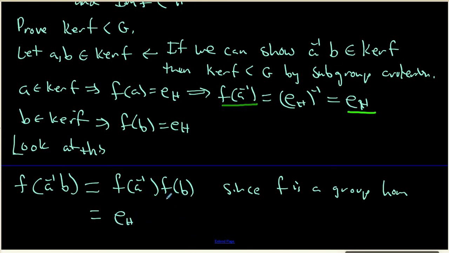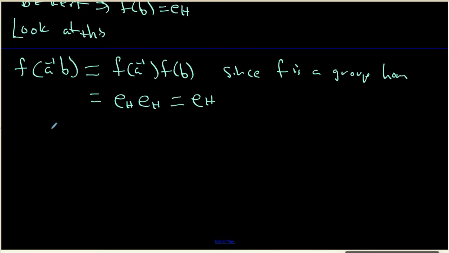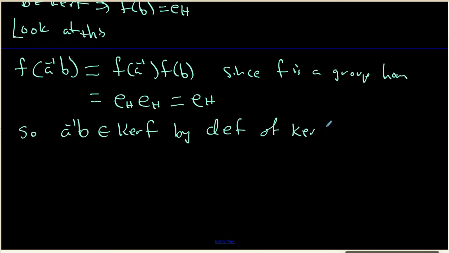And we also know that f of b is equal to e_H. So f of a inverse b is now e_H times e_H, which is just e_H. In other words, a inverse b is sent to e_H, and hence it has to be part of the kernel of f by the definition of kernel. And that means that the kernel of f is indeed a subgroup of G by the subgroup criterion.